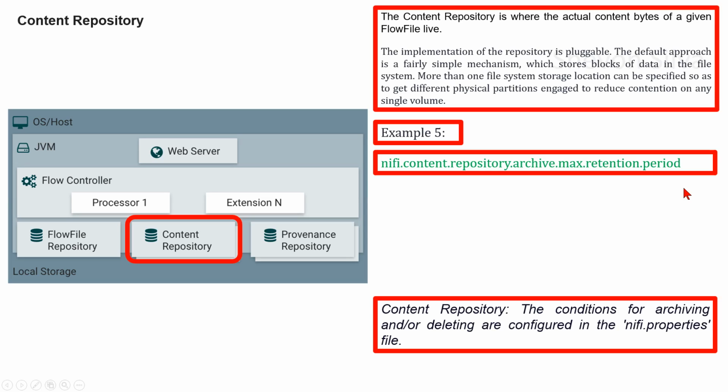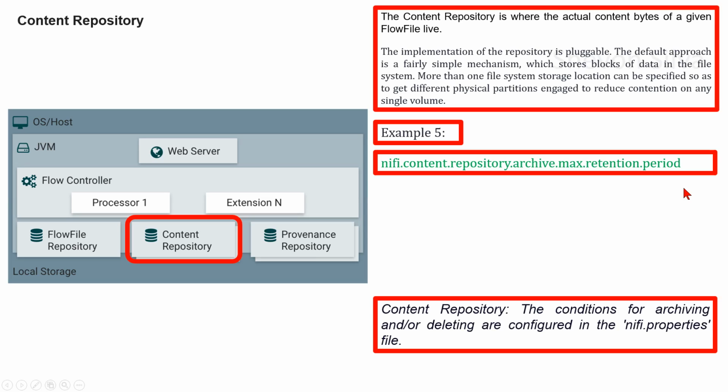After a flow file's content is identified as no longer in use, it will either be deleted or archived. If archiving is enabled in the nifi.properties, then the flow file's content will exist in the content repo either until it is aged off, deleted after a certain amount of time, or deleted due to the content repo taking up too much space.